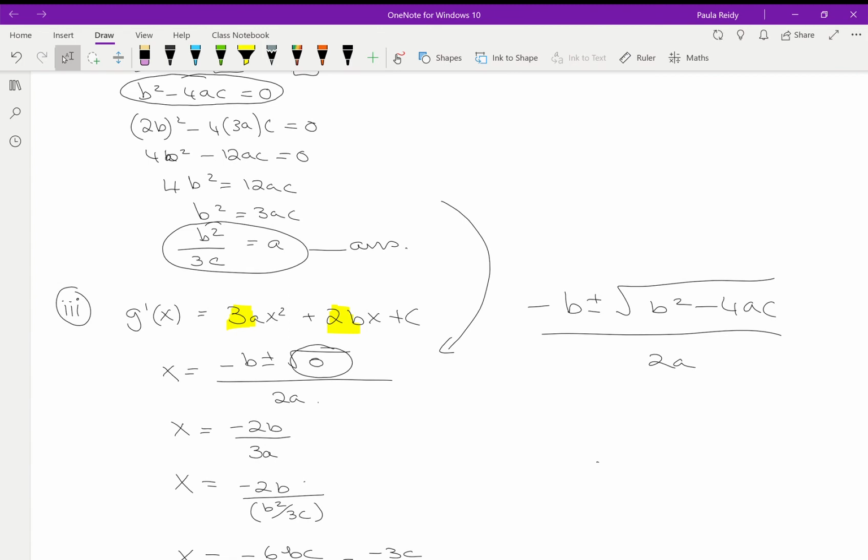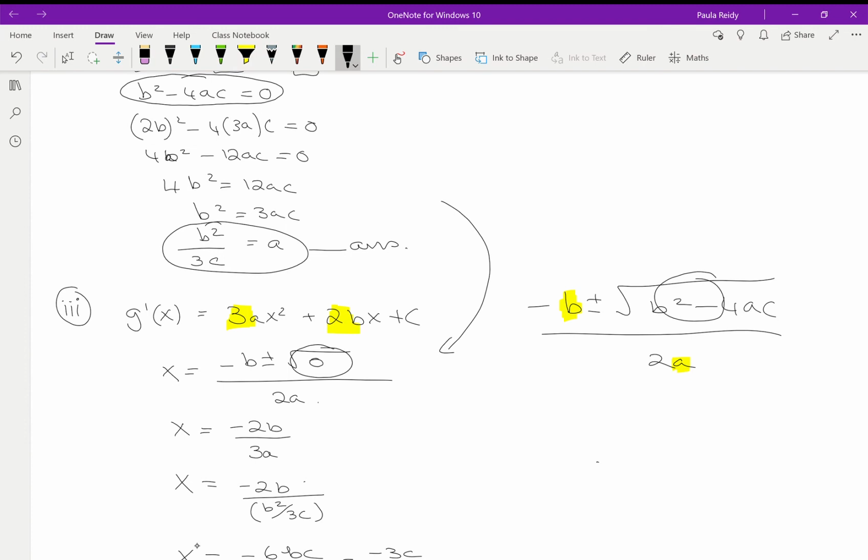But what it has said is if there's only one solution, then b squared minus 4ac is clearly equal to 0. So this is 0. Now I have to use 3a in for the a, and the b in this case is minus 2b, so I'm subbing that in next.